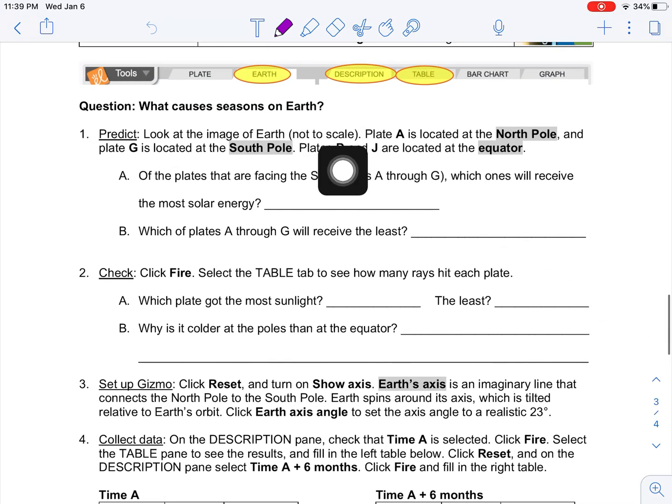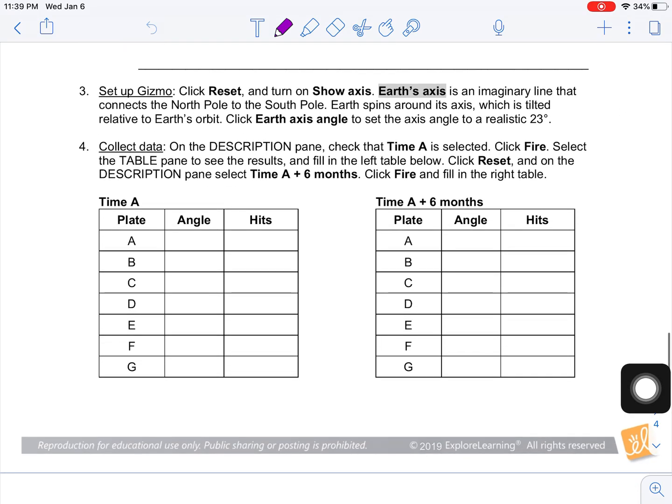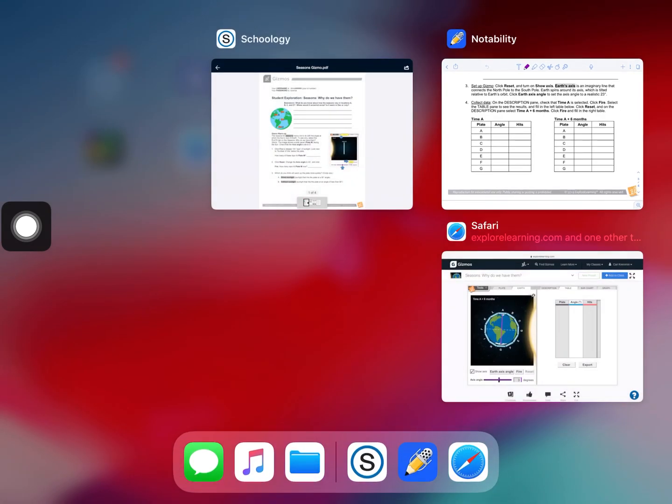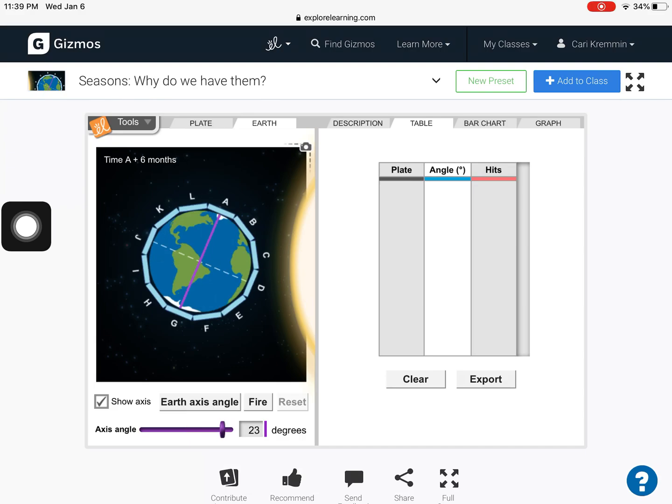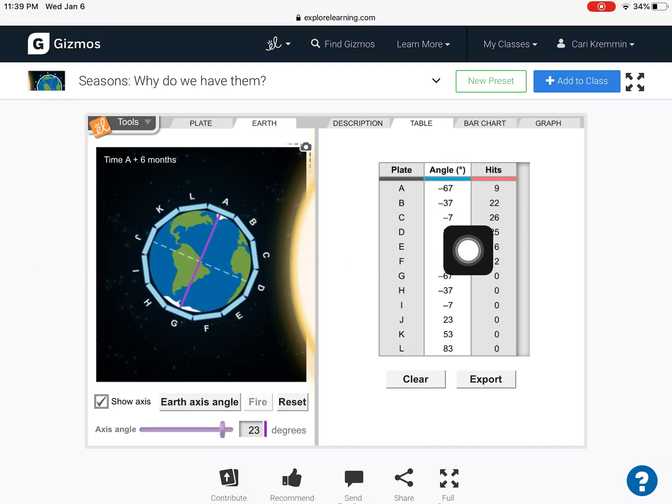All right, so you'll work through some basic questions here. Then, similar to what you did in Activity A, you're going to take some data when you fire the radiation at the planet. Okay, so when you do that, you've got the angle here. So if we're going to switch it to Earth's angle, and I hit fire, I've got all that data here.